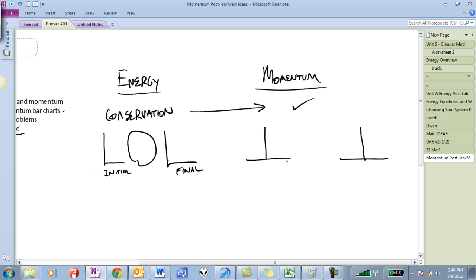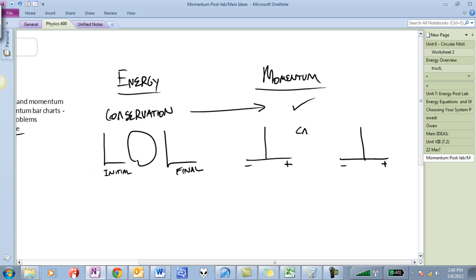It's a little bit different because there has to be a positive and a negative side to the bar chart. Why is this? Because again, we said momentum can be negative, so we need to be able to represent if a car has negative momentum or positive momentum.